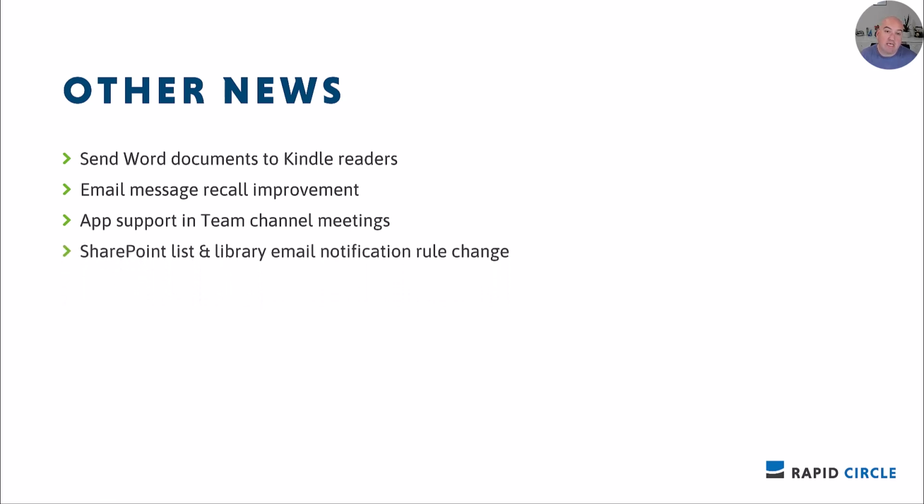And finally, rules on lists and libraries when you use the alert feature. Allows you to send automatic email notifications based on events in the list or library, such as somebody modifying a file that isn't you or a new file being uploaded. Now, previously, these email notifications were sent from a generic SharePoint Online address, like no-reply at sharepointonline.com.